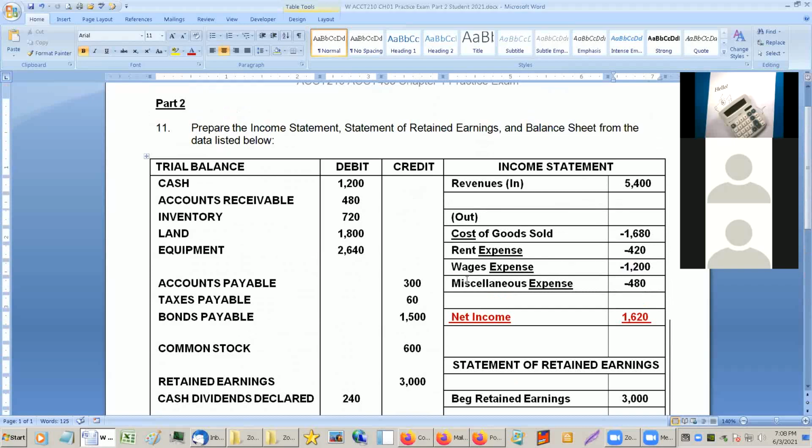Okay, assets are anything with a value, and we have a bunch of them. We have 5 of them.